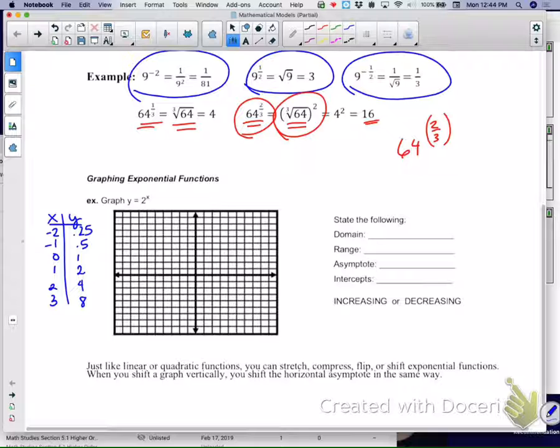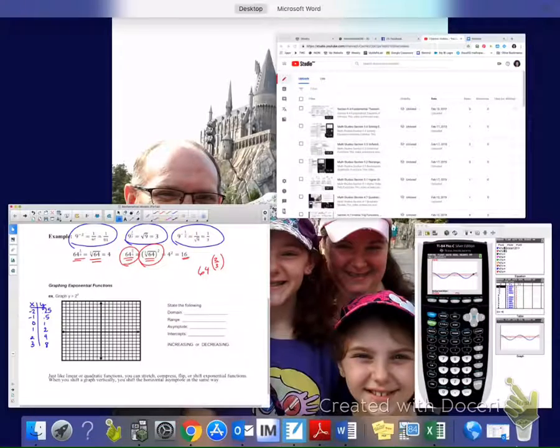Okay. Now, I can get all those numbers again by hand by just putting those powers in. 2 to the negative 2 power would be the same thing as 1 over 2 squared, which is a 4th, or 0.25, and the same thing the rest of the way down there. Going to the calculator here.